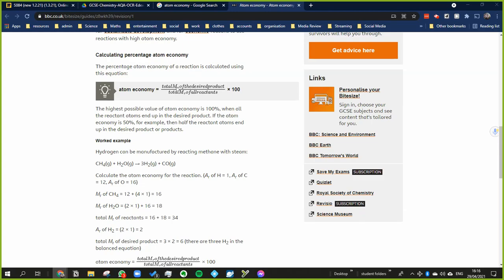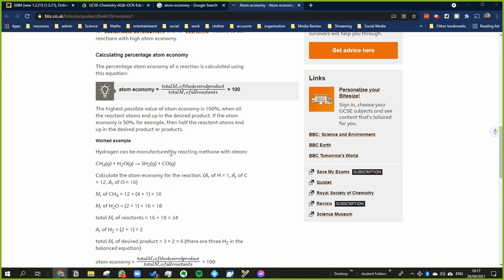So this Mr would be mass in terms of atomic units. Now, in actual fact, it wouldn't make any difference because we're doing mass divided by mass, so the units would cancel out, and we'd get essentially a ratio or a fraction, and then we multiply that by 100, and that turns it into a percentage.